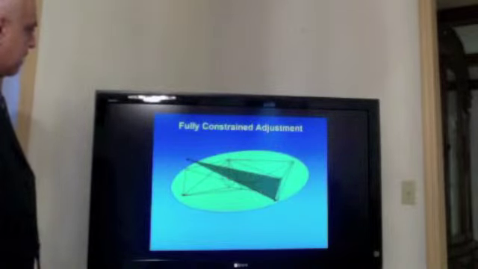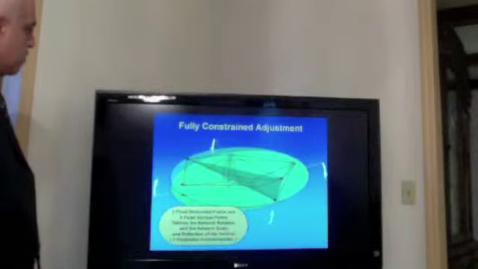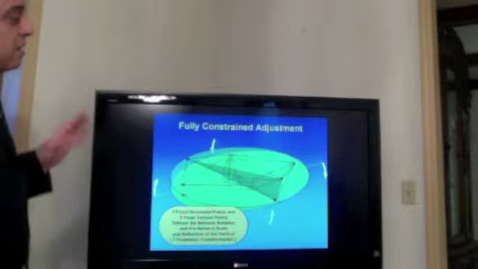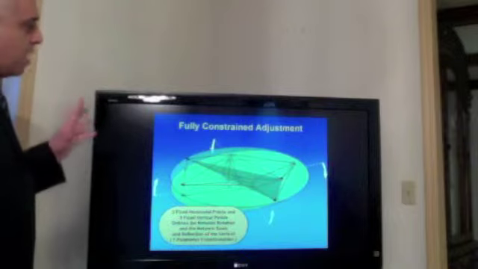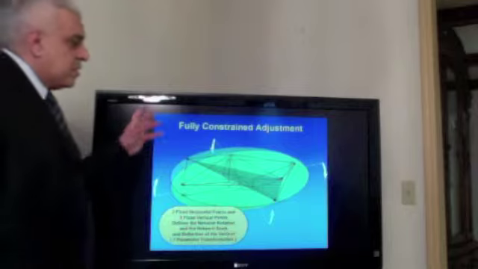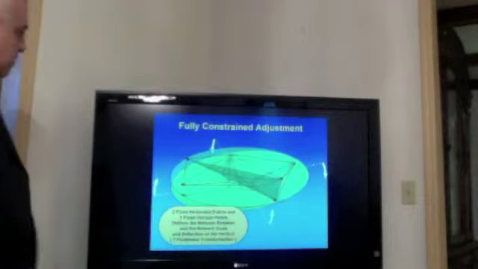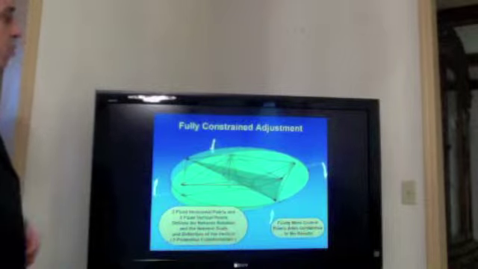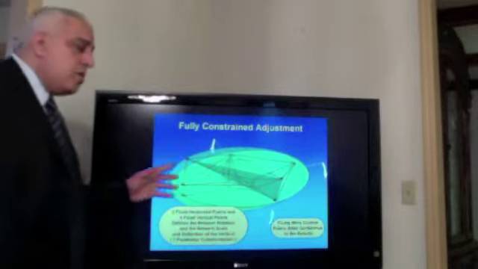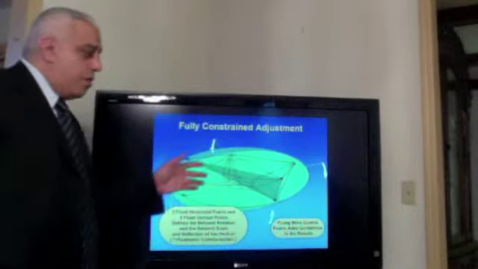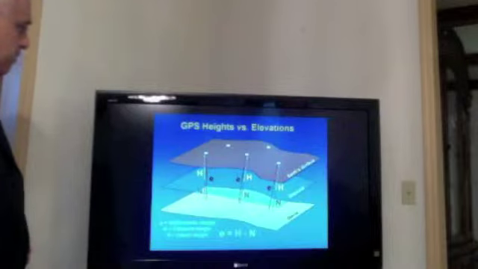This is how we do our translation and rotation to do the transformation, and in this process we make our network consistent with the system. More control will add, as I told you, more confidence to our network and our adjustment process.